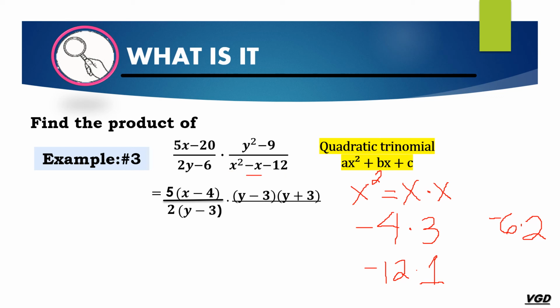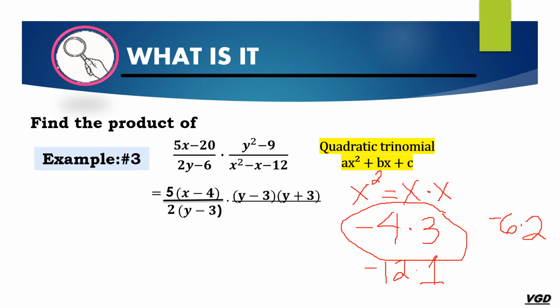So as we add the numbers, negative 4 plus 3, we will get negative 1. But for negative 12 plus 1, we will only get negative 11. For negative 6 plus 2, we can only get negative 4.